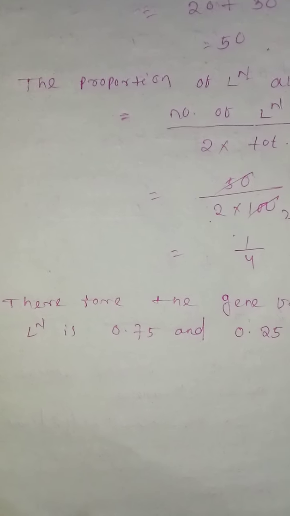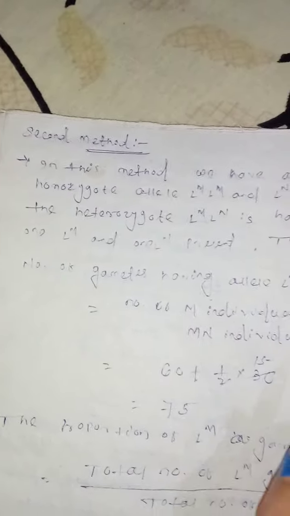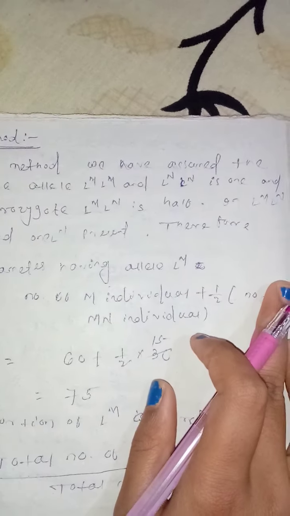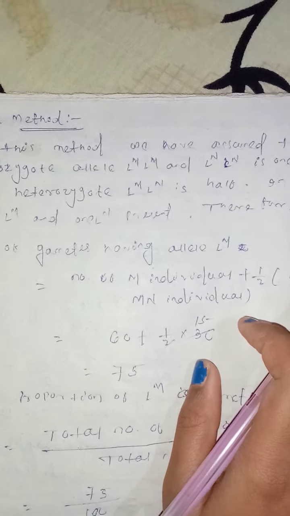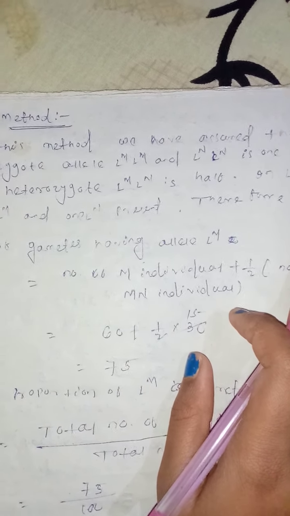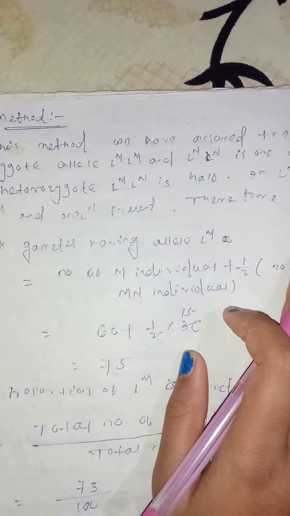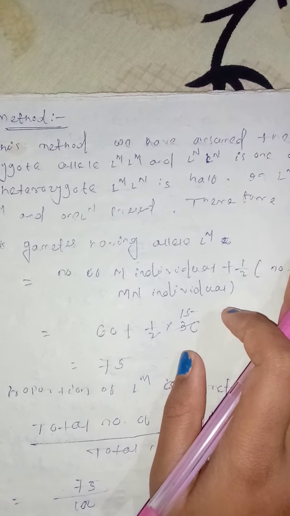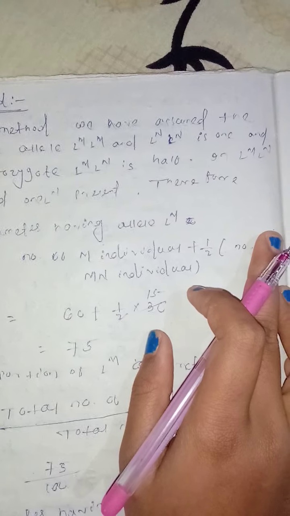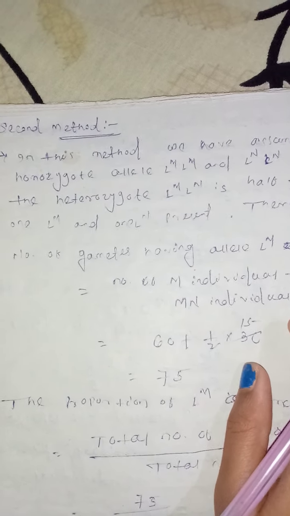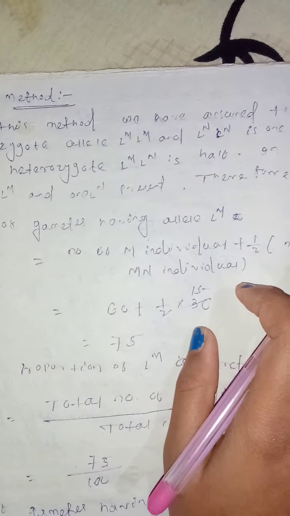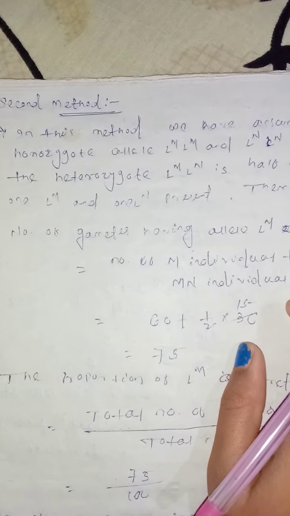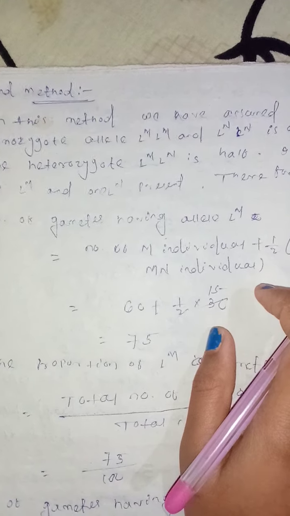Then we are going to the second method. In this method, we assume the homozygote allele LM and LN is 1, and the heterozygote allele LM is half. So in LMLN, 1 LM and 1 LN is present. Therefore, the number of gametes having allele LM.